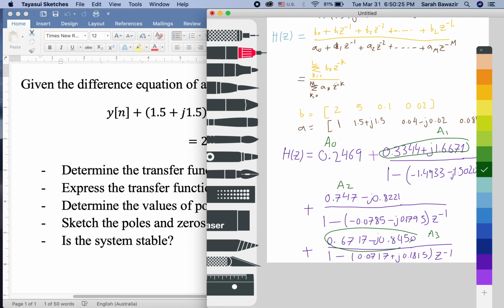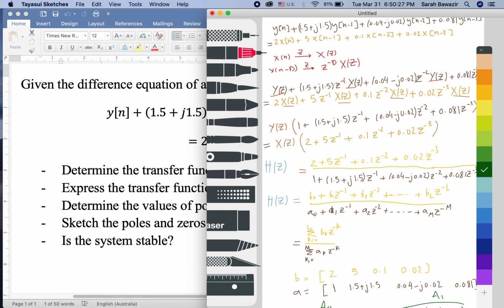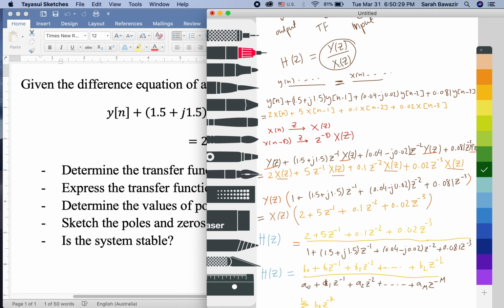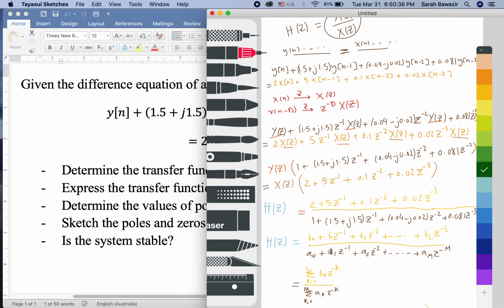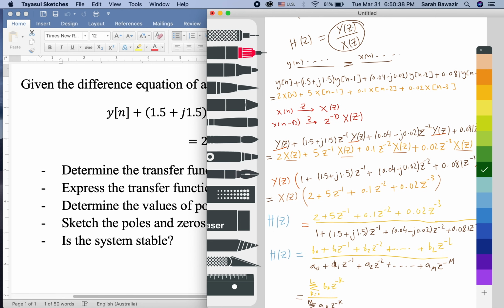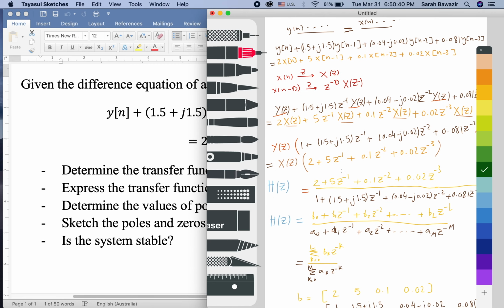Let's see it here. H(z) is Y(z) over X(z). So we manipulated the difference equation until we had this expression of Y(z) over X(z).